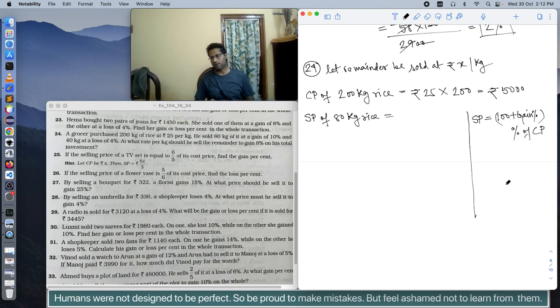So if there is a gain of some percentage, then we can find the selling price as 100 plus gain percent, that much percent of CP.